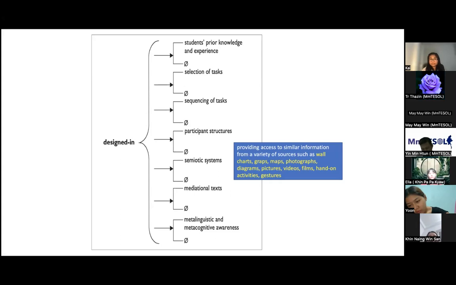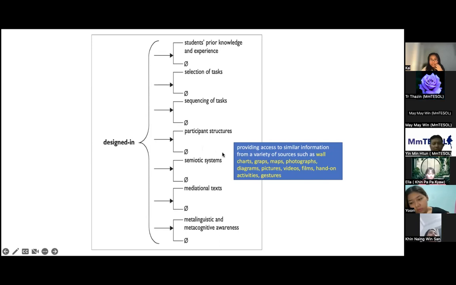And also another important idea in scaffolding is semiotic systems, which means providing access to similar information from a variety of sources, such as word charts, graphs, maps, photographs, diagrams, pictures, videos, films, and so on. We use semiotic systems to give the students an abundance of information.